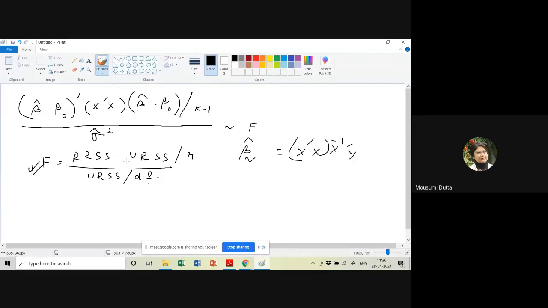Or we can write the x prime x matrix here, corresponding beta hat columns will be there, and x prime y values will be there, and we can generate 3 equations, and by simultaneously solving the equations, we can also derive the values for beta hat.